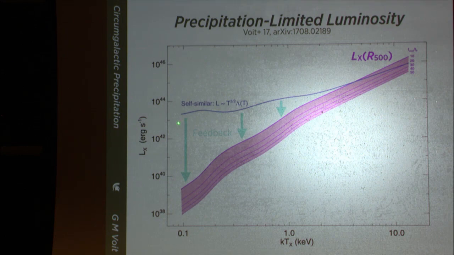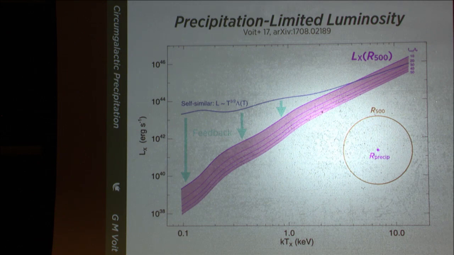It's long been known that if all these objects across this whole temperature range were just purely cosmological structure formation, the luminosity temperature relation for them would look something like this. This is saying all objects are self-similar in the circumgalactic medium. And it's long been known that this doesn't hold, and that feedback somehow suppresses the star formation.